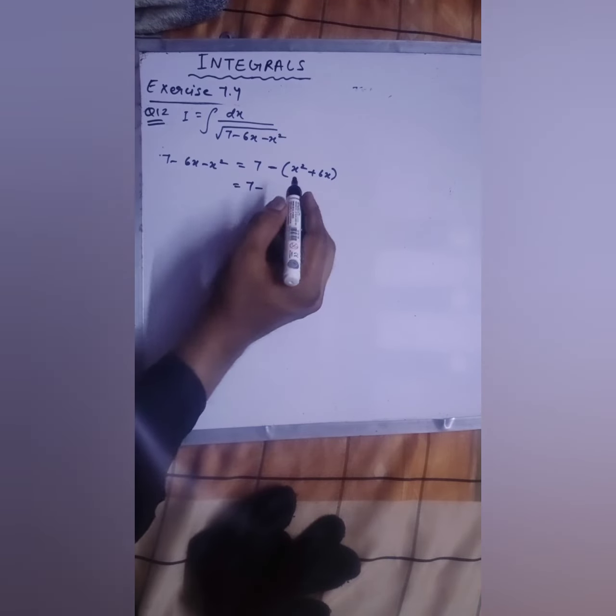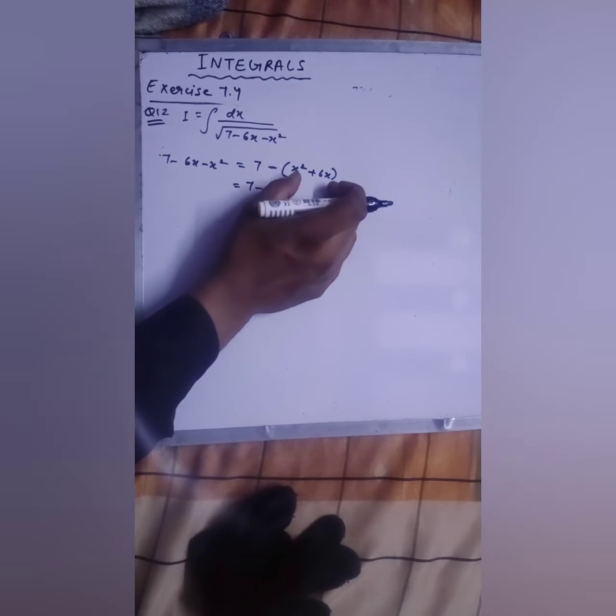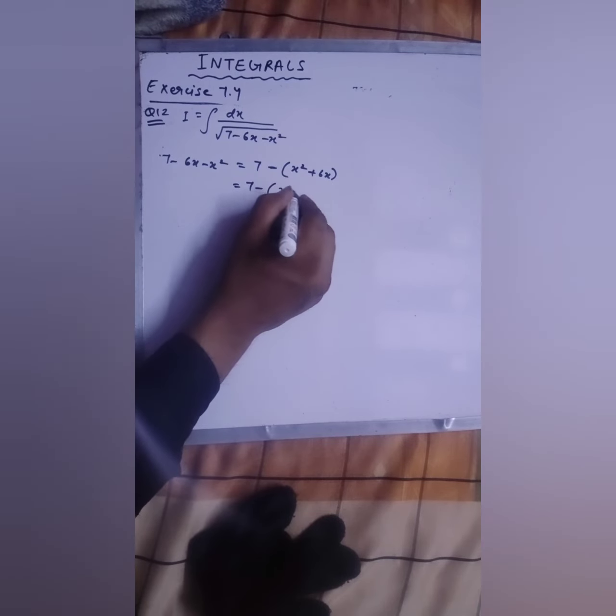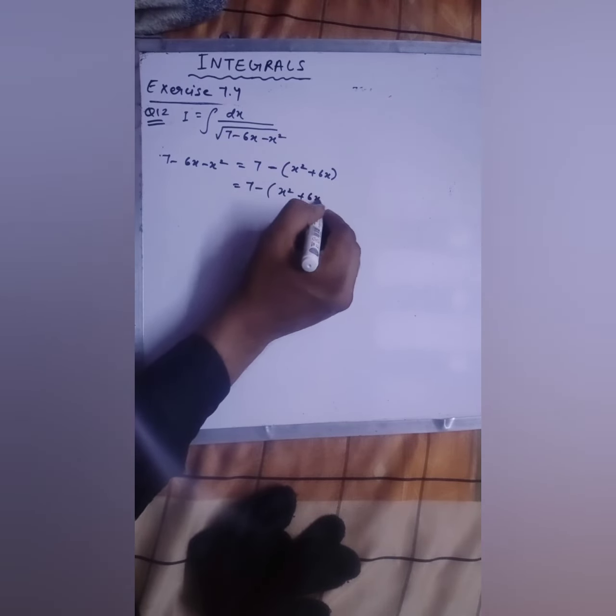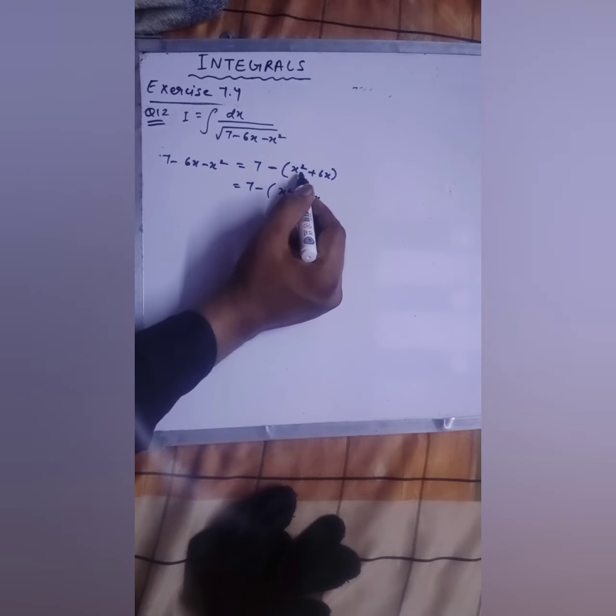In the next step, again in this part you have to do the completing square method. So your x square will remain the same, plus 6x. I have told you that first of all you have to divide this whole term by the coefficient of x square. So here the coefficient of x square is 1. I'm just reminding you because you have done this concept in your 10th standard, in the chapter quadratic equations, that is chapter number 4.